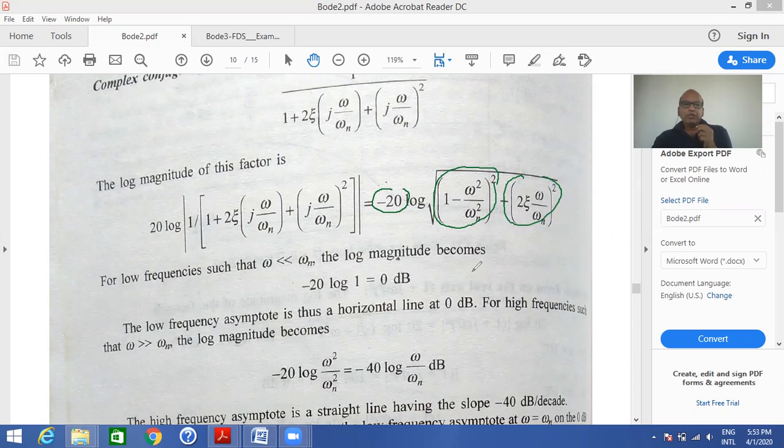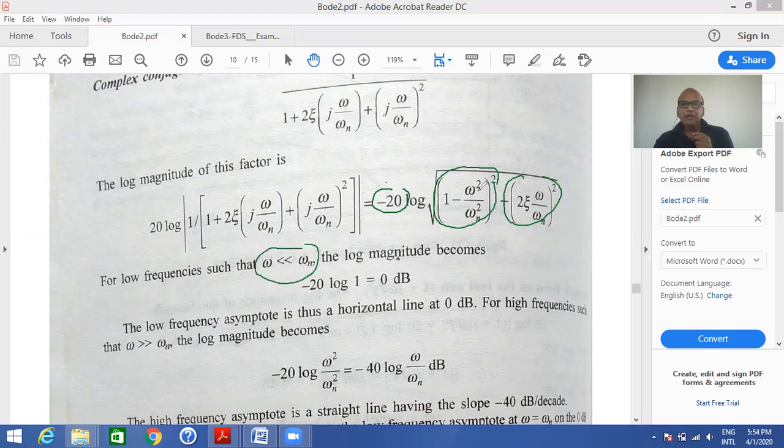Then use the asymptotic approximations again, at low frequencies and at high frequencies. For the low frequency approximation, omega is less than omega n.